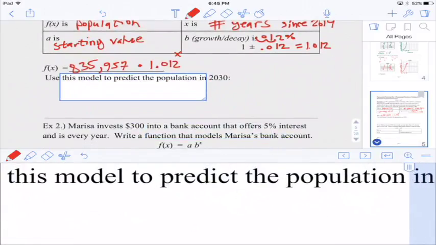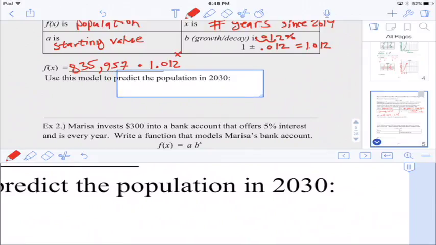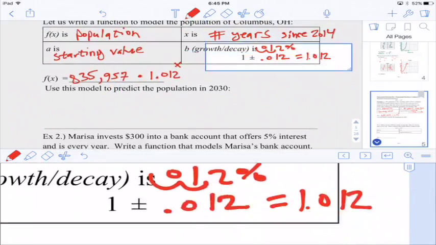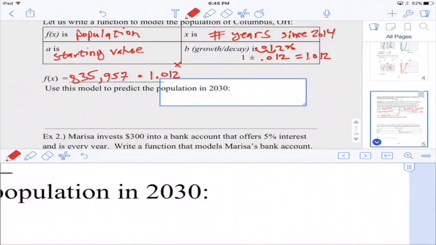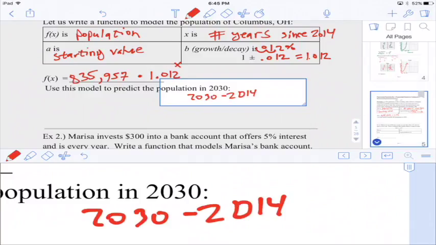If we want to use this model to predict the population in 2030, I need to know how many years since 2014. That means it's been 16 years.